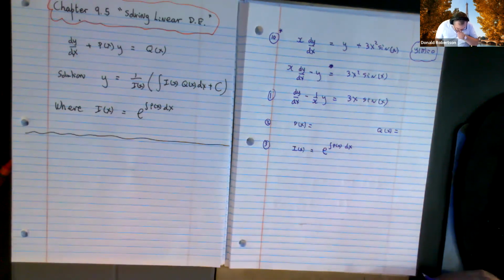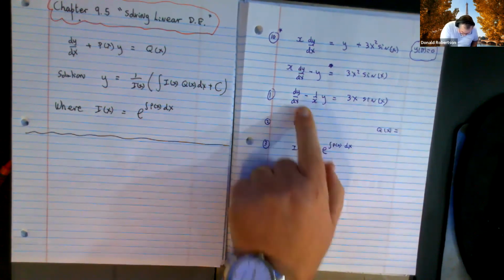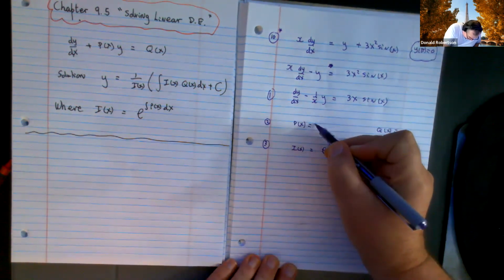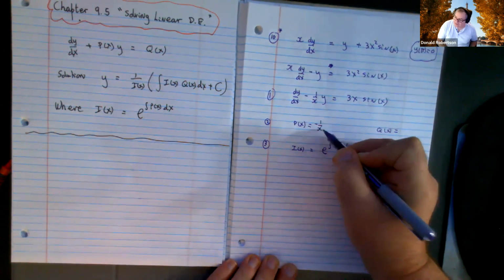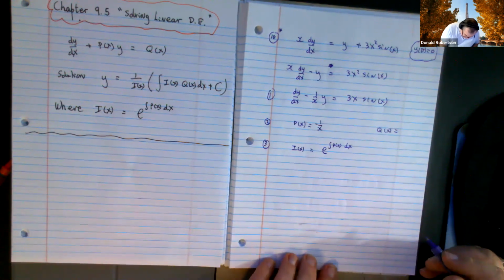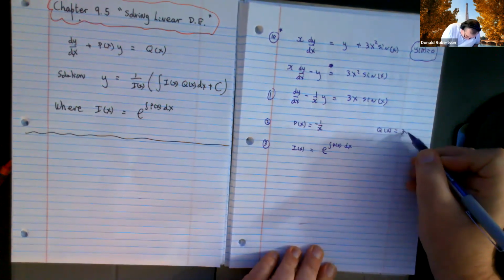Okay, here goes. We're starting here. The P of X is negative 1 over X. That negative is important. The Q of X is just that ugly guy there.